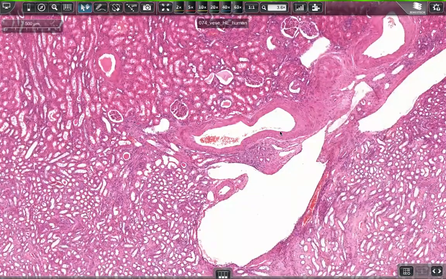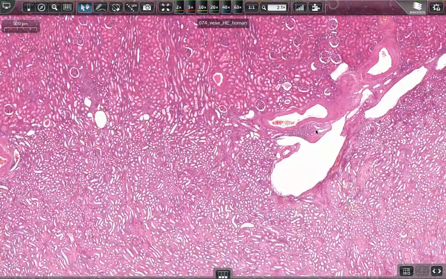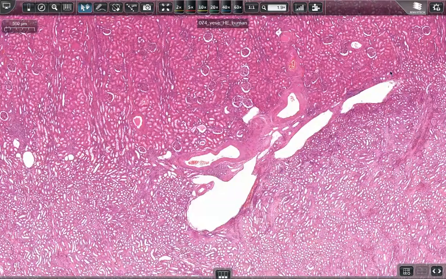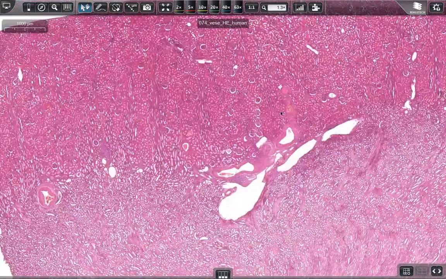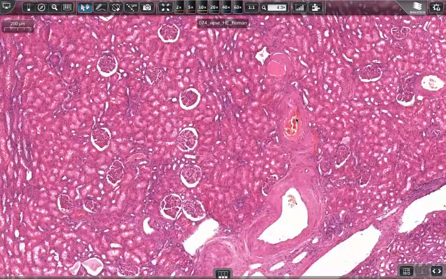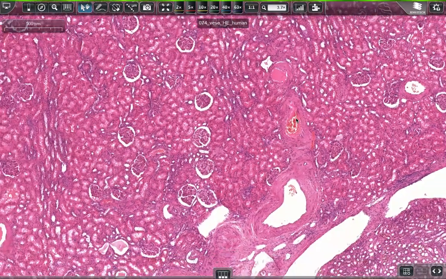So this is an artery, this is a vein. So this is the termination of the interlobar vessels, and then they divide, they give off the arcuate. So this at the base of the vessel, and then here, just going there, this is another aspect, that's an interlobular artery again.